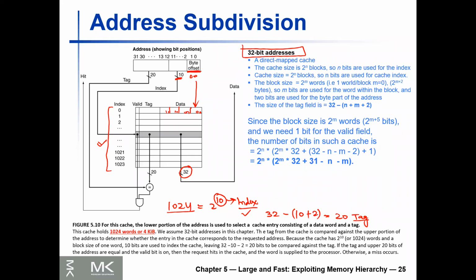Getting? So what do we have? 20 tag bits, 10 index bits, and these 2. So how many total bits now? 32? Yes. Okay, so this is the 32-bit address actually. Now it is broken into these steps basically.